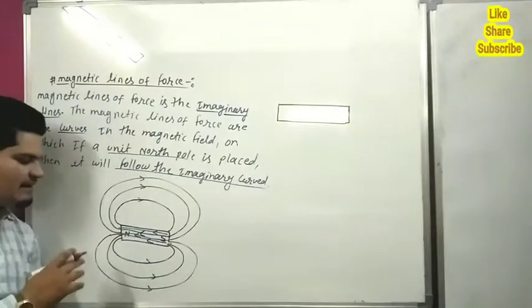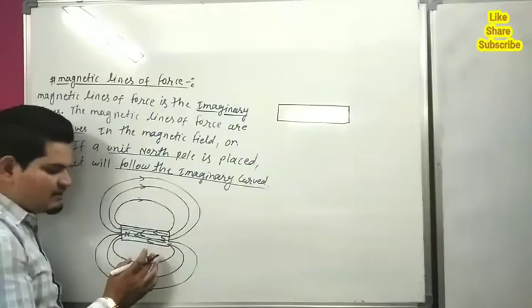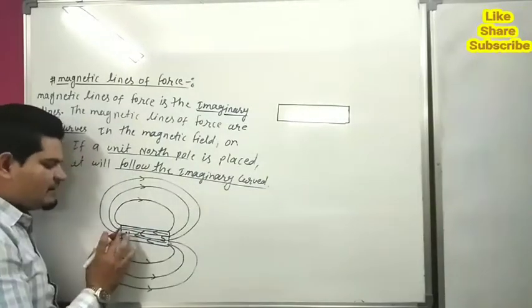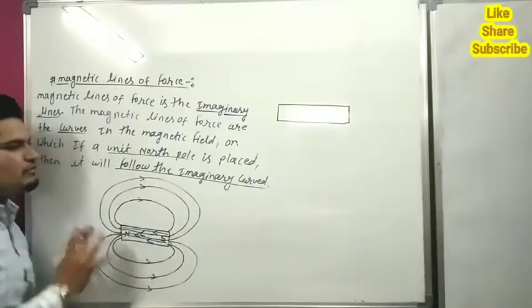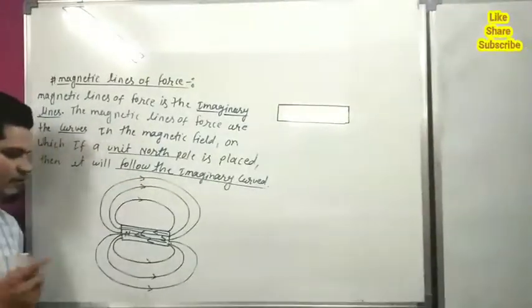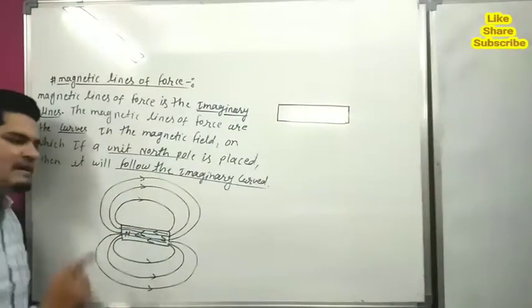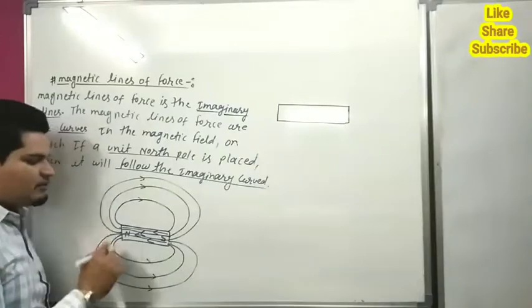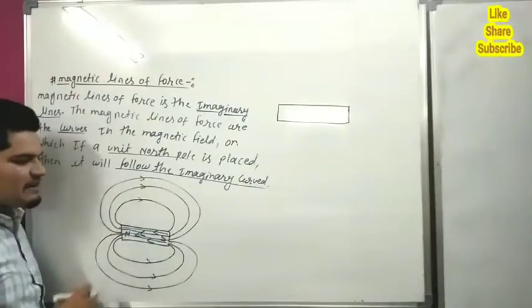So inside the magnet these lines go south to north and outside the magnet they go north to south. So magnetic lines of force are the imaginary path which a unit north pole follows in the magnetic field.